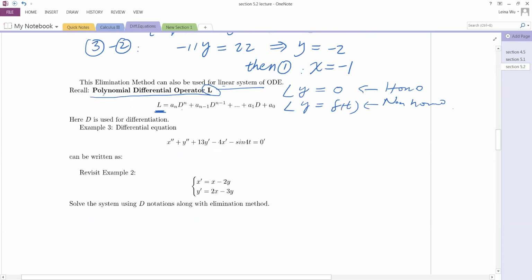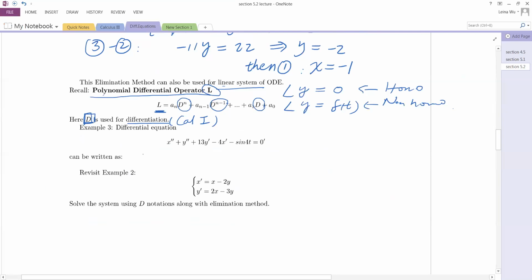It has derivatives. This is an nth order derivative. This n minus 1th order derivative, and the degrees of differentiation decrease to the first order and basically there's no derivative. Here D, this D is the one we'll be using a lot in this section. D is used for differentiation. This would also be covered in calculus 1, right? We've seen D2, D3. That means it's the second order derivative or third order derivative.